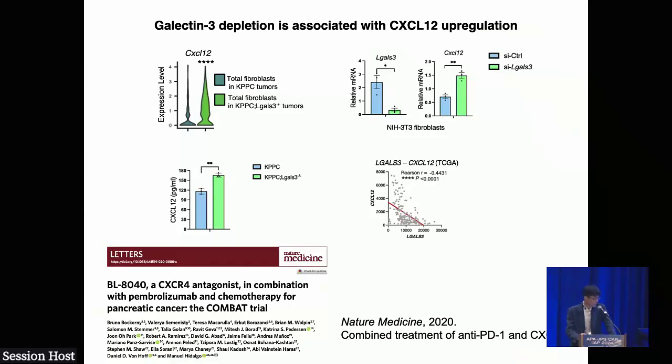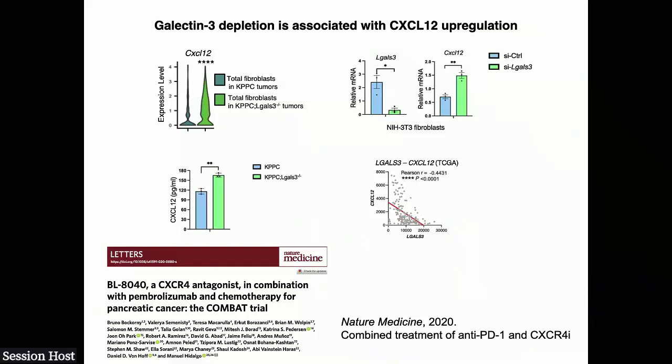And that's when we noticed the Nature Medicine paper on the anti-PD-1 and anti-CXCL12/CXCR4 axis. In this preclinical and clinical study, they used an inhibitor for CXCL12/CXCR4 in combination with an antibody against PD-1, achieving some promising results.